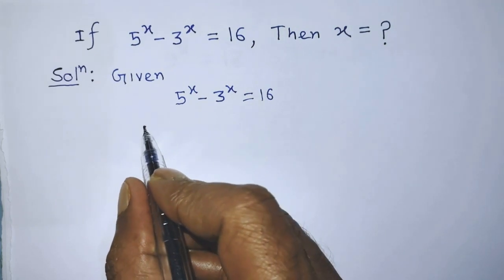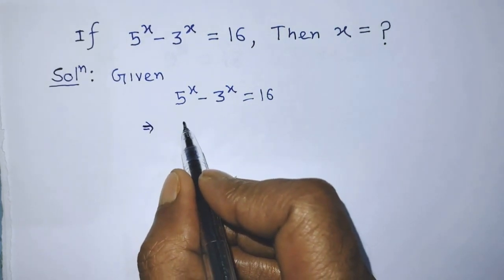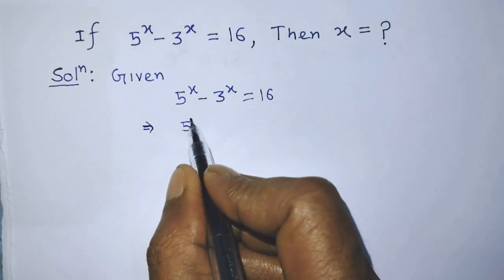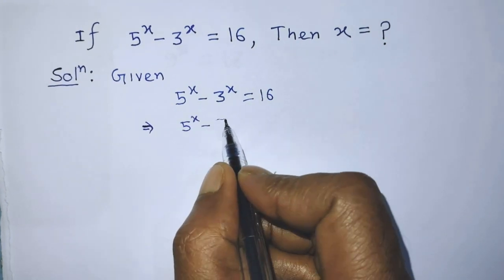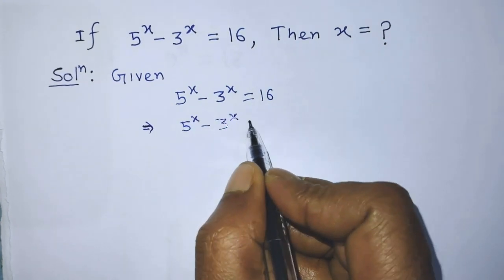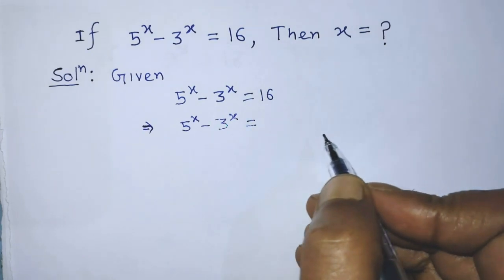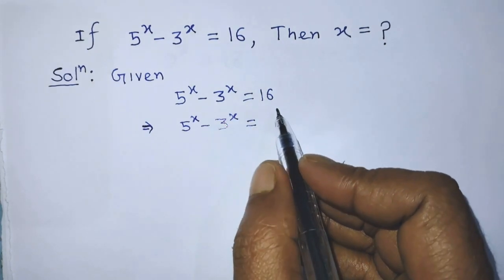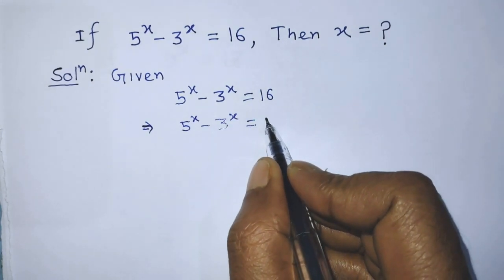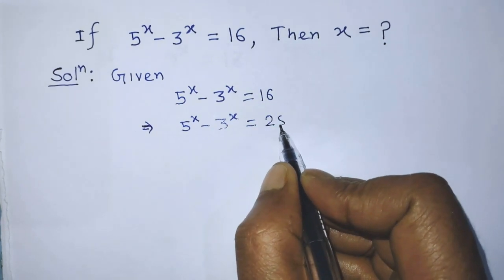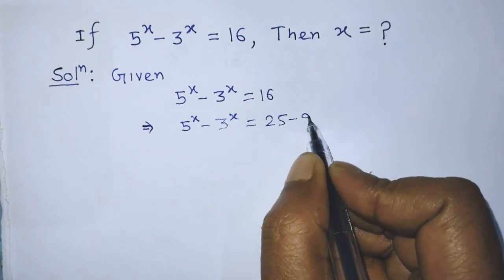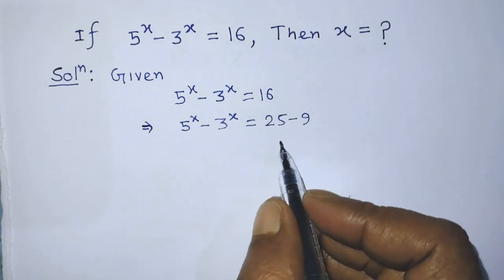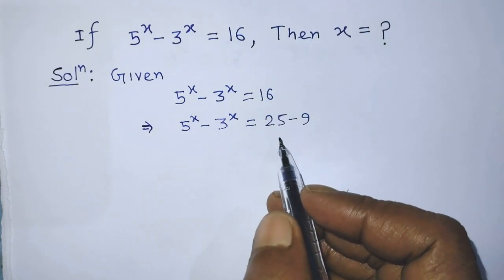So student, now we can write from this equation 5 to the power x minus 3 to the power x is equal to, in the place of 16 we can write 25 minus 9. So student, we have to make the same base on both sides.